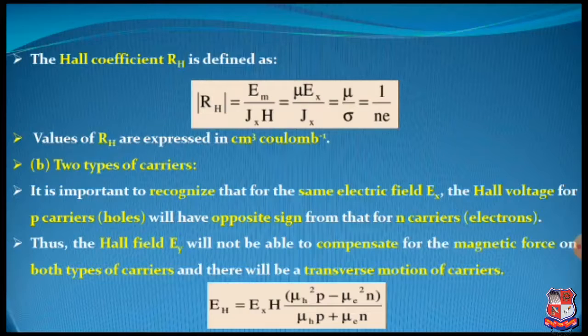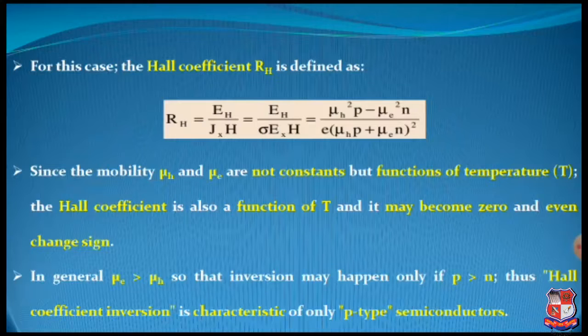That means the Hall field, that is electric field, is now given in terms of EH is equal to Ex into H, mu H square, that is the carrier mobility of holes, into p minus mu E square, that is the carrier mobility of electrons, into n, divided by mu H p plus mu E n.